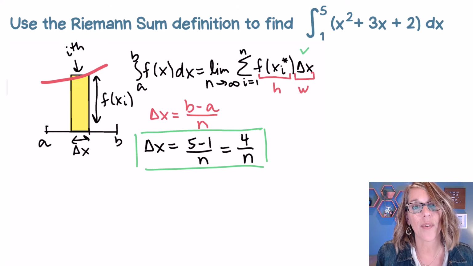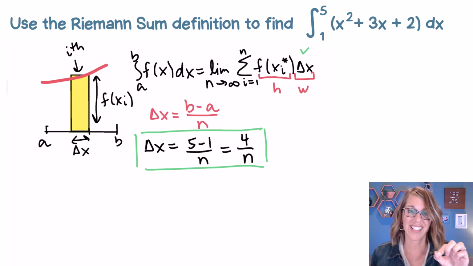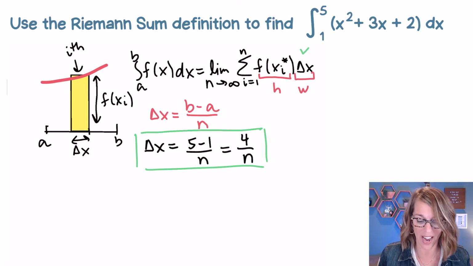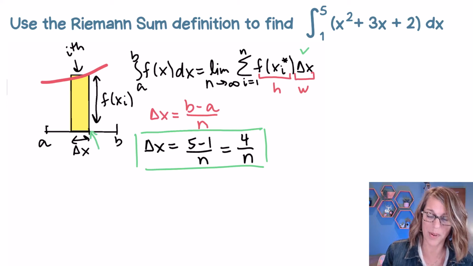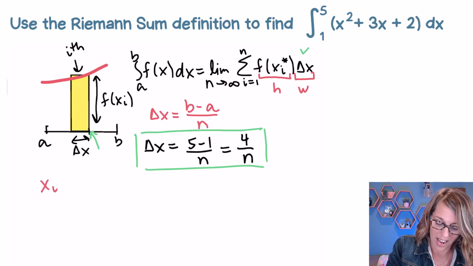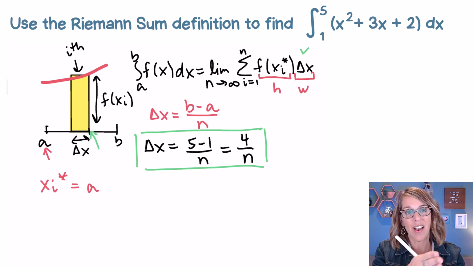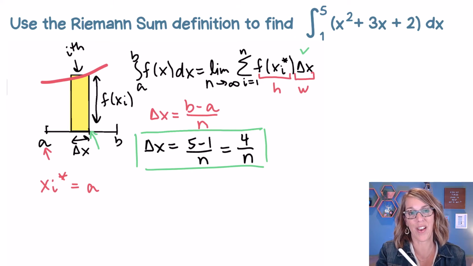We also need to figure out what f of x sub i star is. Let's go ahead and start with that x sub i star. Now that sample x is going to give us a right-hand endpoint, which is going to put me right here. So that means that for x sub i star, I need to start where my interval starts at a, and then I'm going to be adding multiples of the width, multiples of delta x.